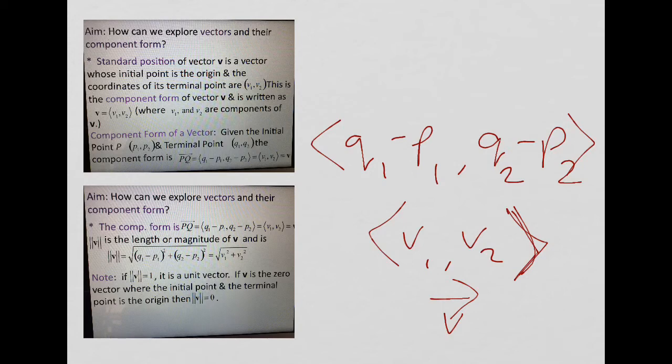Okay, so of course we're going to have an example, but before we do, when it is in component form, that makes finding the length or the magnitude of vector v easier. If it's not, you still can find the length or the magnitude of vector v by using the distance formula. This is something you did in the do now, just with the notation of terminal minus initial.